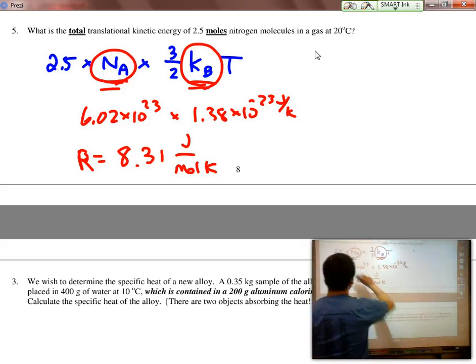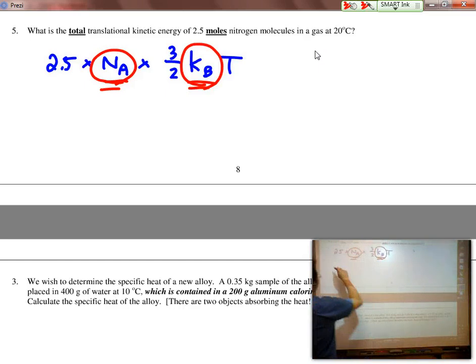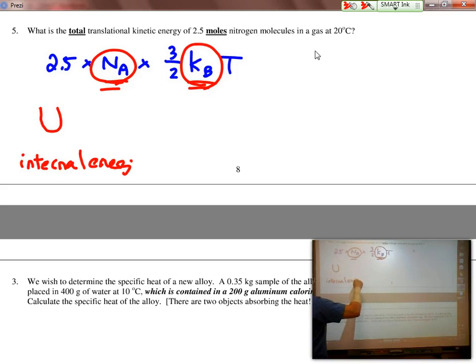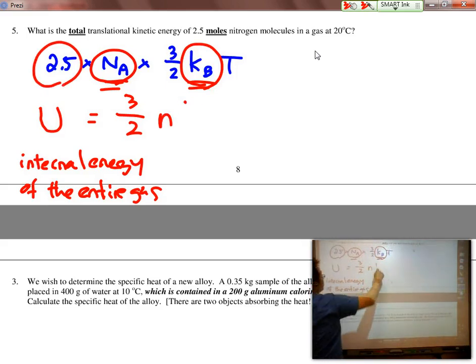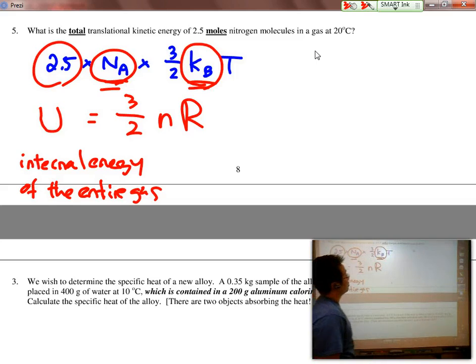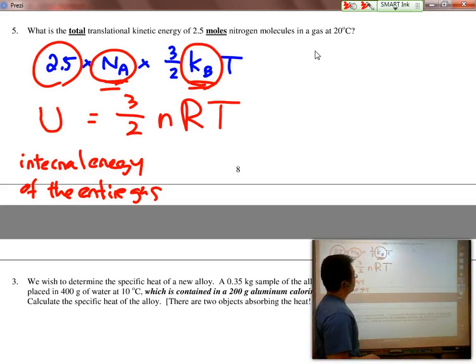So if I were to redo this just a little bit, that means the total internal energy, U, internal energy of the entire gas, is simply equal to 3/2 n, which is the number of moles, times R, which is the Avogadro's number times the Boltzmann constant, times temperature.